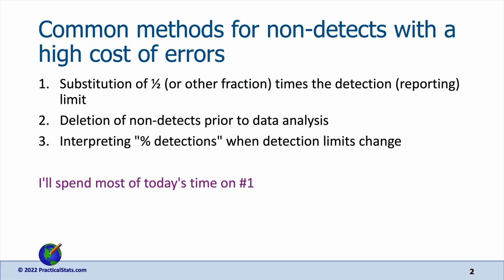These common methods for non-detects have a very high cost because they make errors, sometimes bad errors. And so here's three of those common methods. They might be the three most common offenders. The first one is substitution of a half or some other fraction of the detection limit or quantitation limit or reporting limit, depending on what the laboratory gives to you.